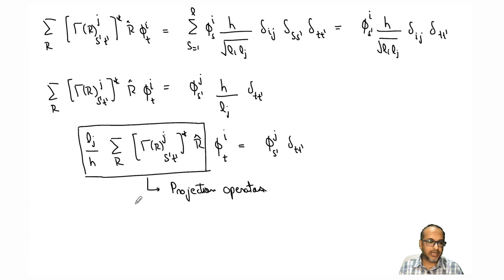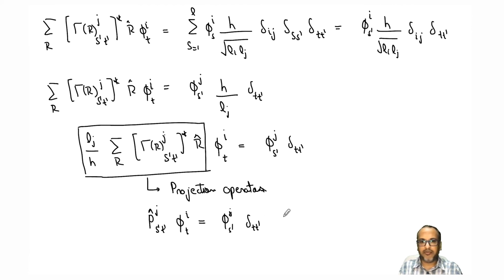So I can write this as operator p, short form for projection operator, with this j index, and s prime t prime operated on phi t i gives me phi s prime j, and delta tt prime, right?